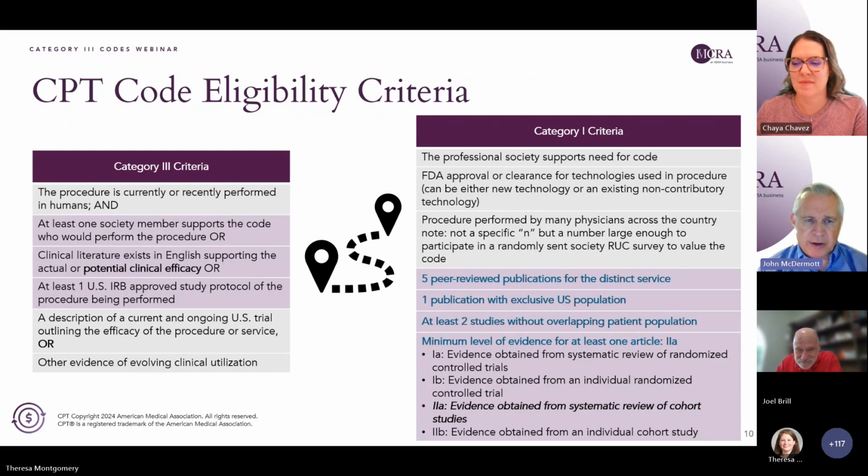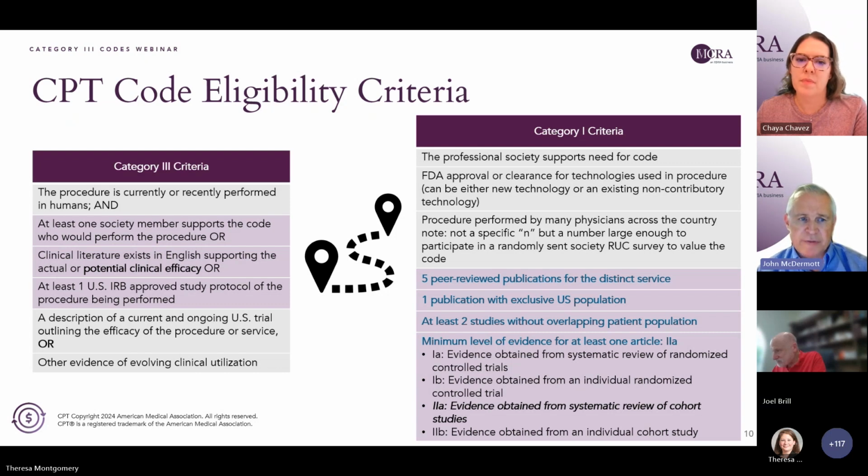One thing to point out on the criteria here, sometimes these have confused me in the past, we've color coded them here because if you just see it in text, it's not always clear. You need at least the procedure or the device to be used in humans. So if you're just in preclinical or animal testing, you're not going to qualify for Category III.